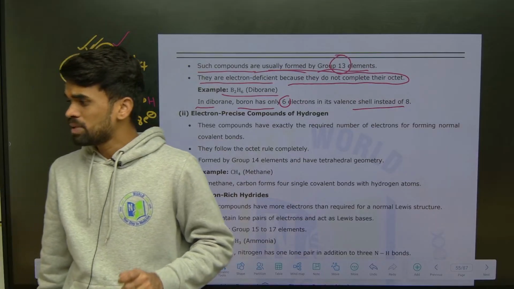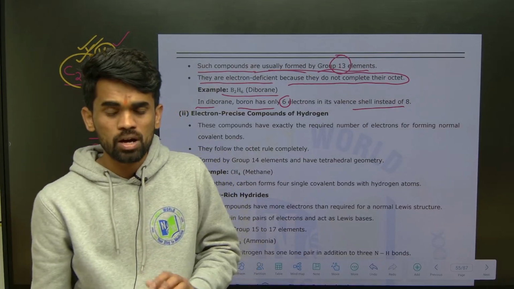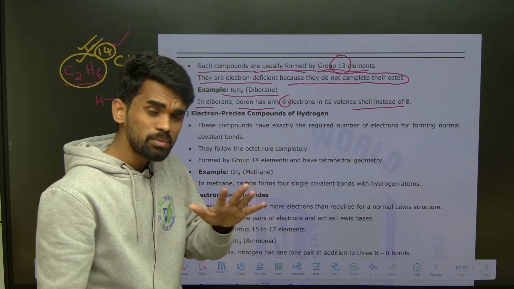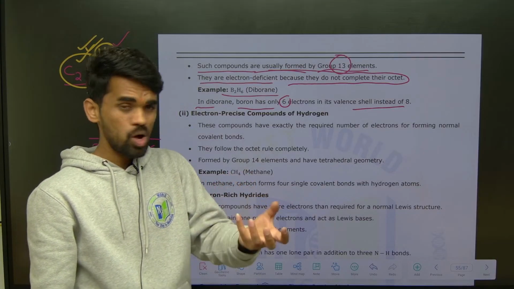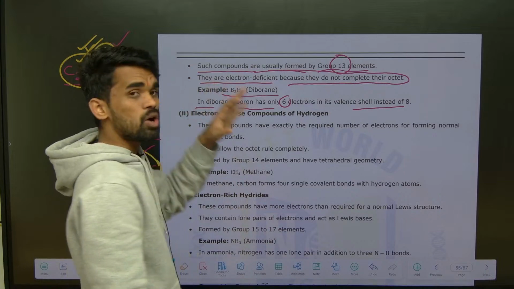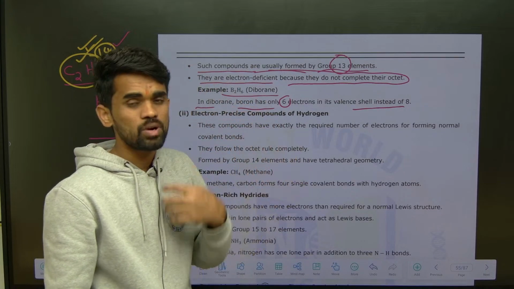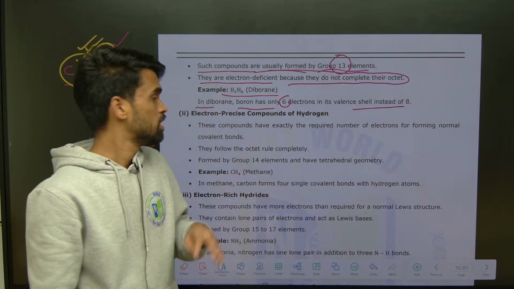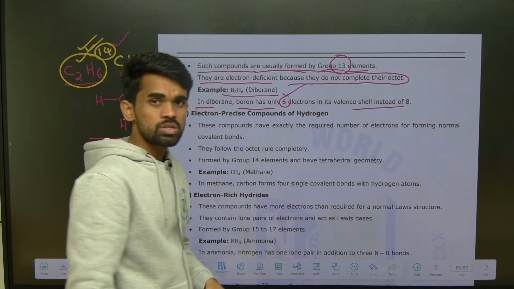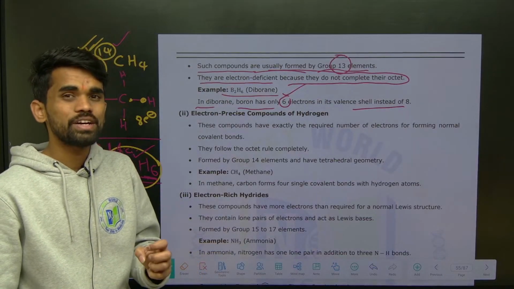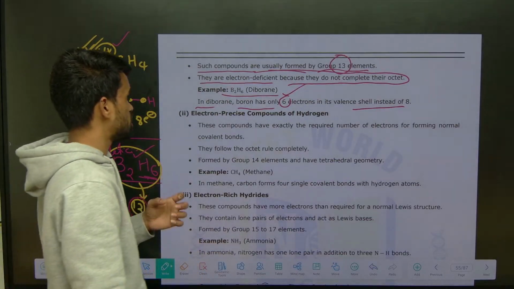Normally an atom in a molecule should contain 8 electrons; that is the octet rule configuration. So boron should also contain 8, but it contains only 6. This is why we call it an electron deficient species.